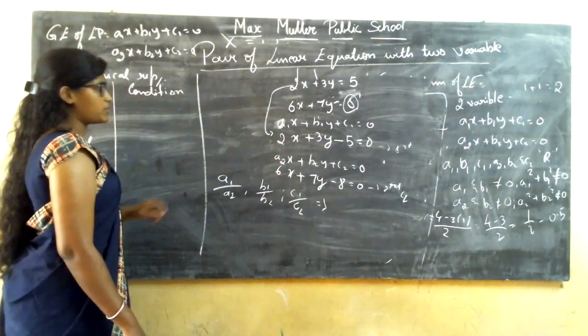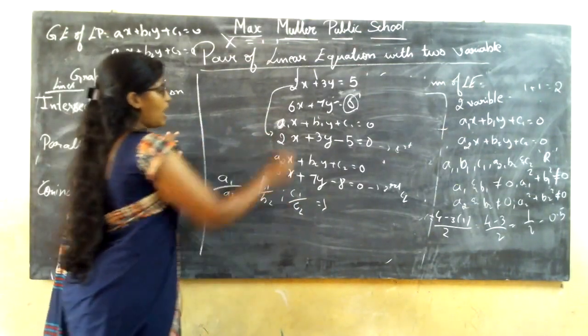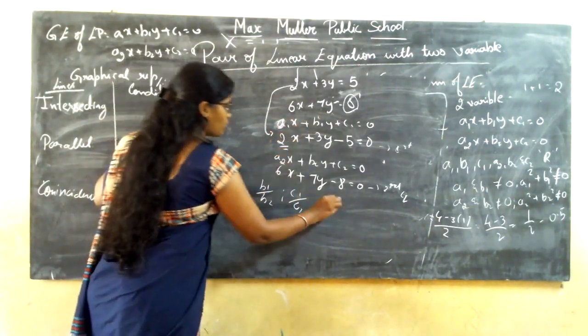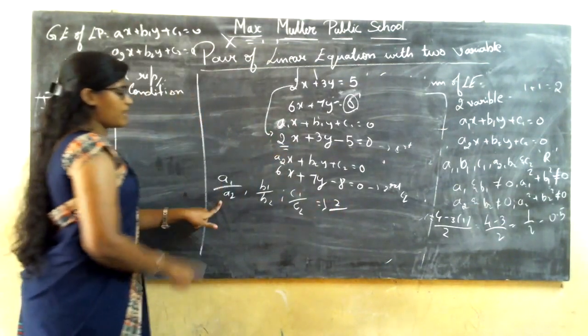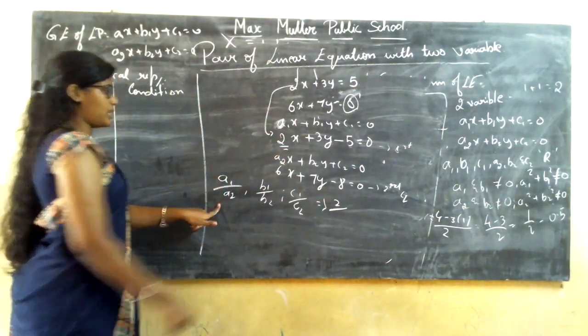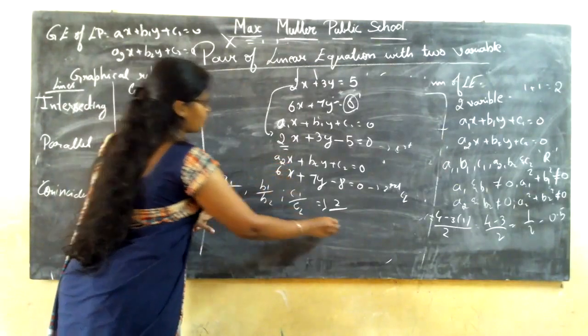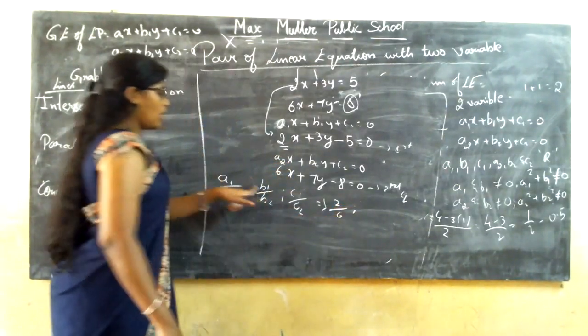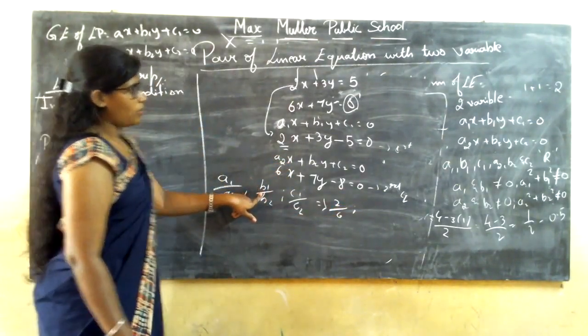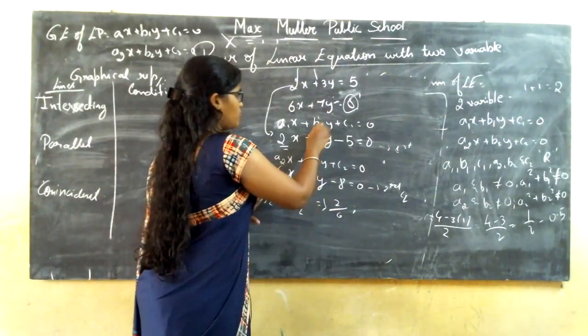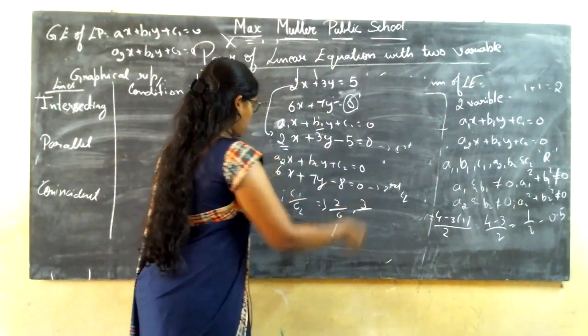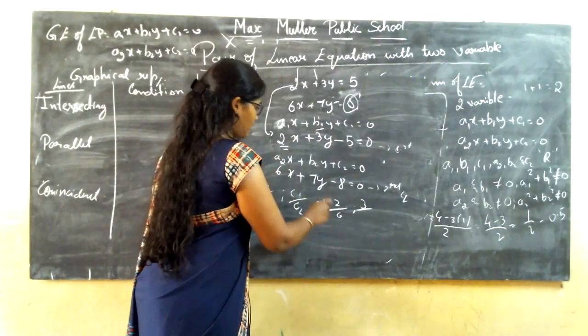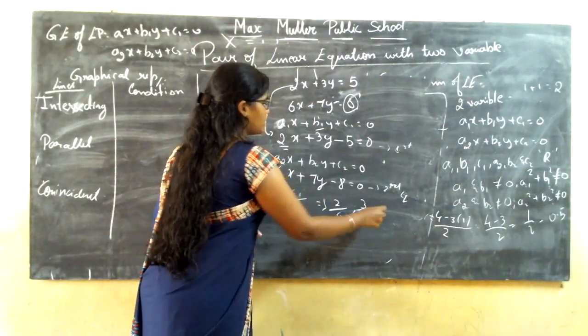How are you going to substitute? What is the value of A1 you have? Under A1 you will have the value of 2. Then what is divided with A1? It is A2. So under A2 you will have 6. Next, what is the value of B1? The value of B1 is 3. Then B1 is divided by the B2 value, that is 7.